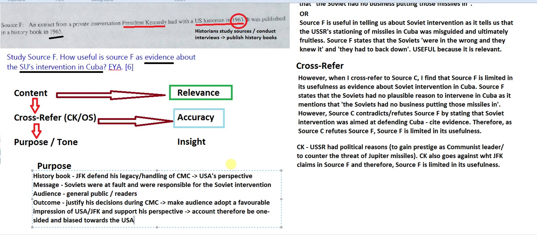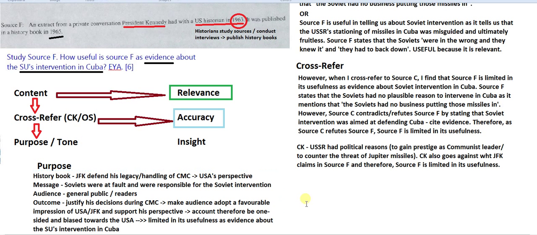So what the Americans did was essentially right. It's very one-sided and biased towards the USA. If a source is one-sided or biased, how does that affect its usefulness? Because it's one-sided and biased, the source will be limited in its usefulness as evidence about the Soviet Union's intervention in Cuba.